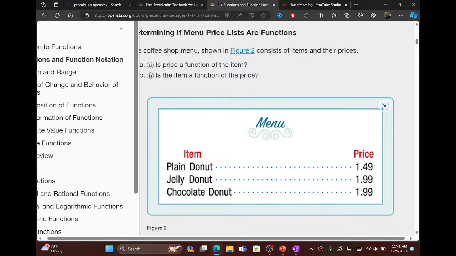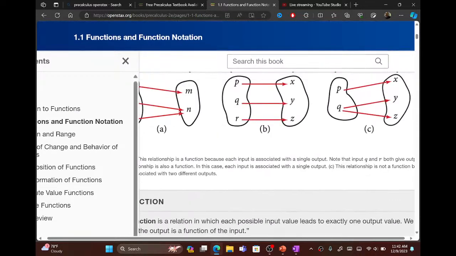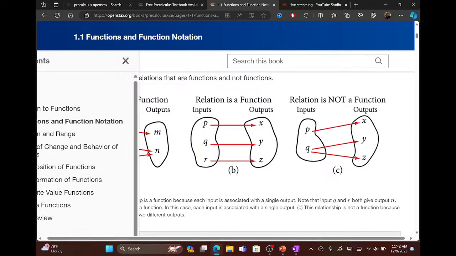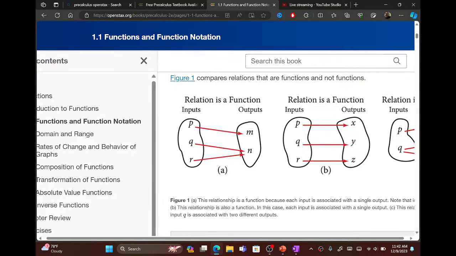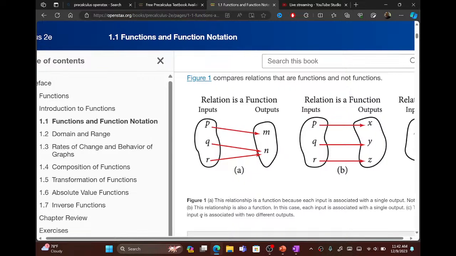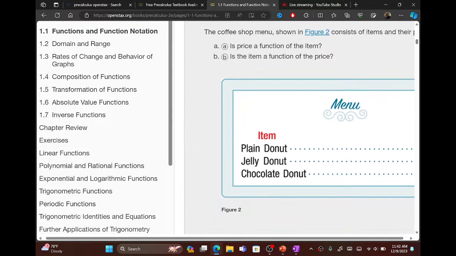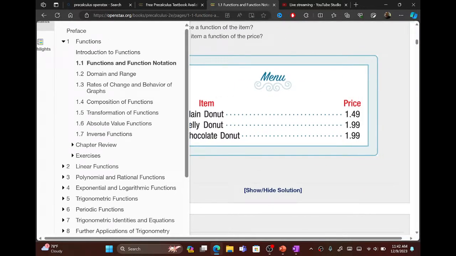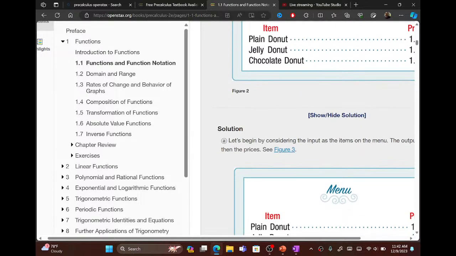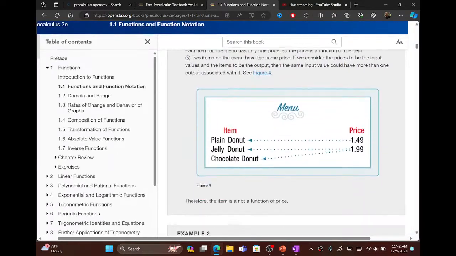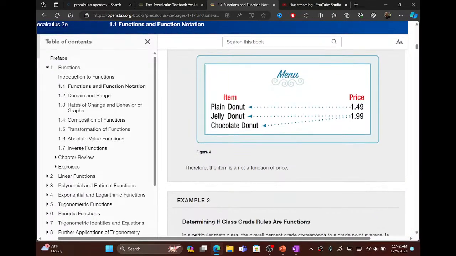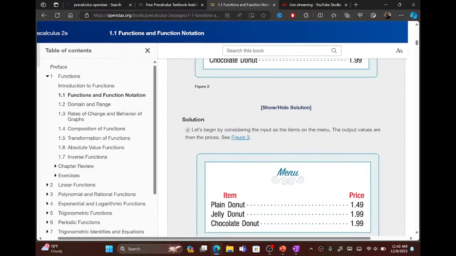There is a repeated output for the jelly donut and the chocolate donut, but this is okay because, like I said, it follows the form of this first part. So that's okay. So if we show the solution, we know that there's only, oh, and actually, I'm sorry.